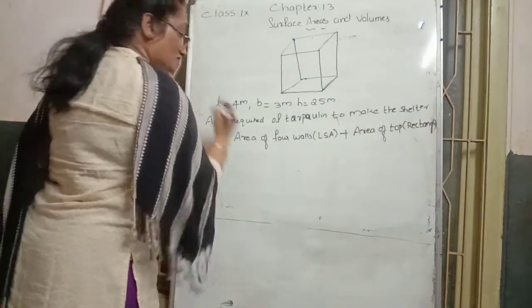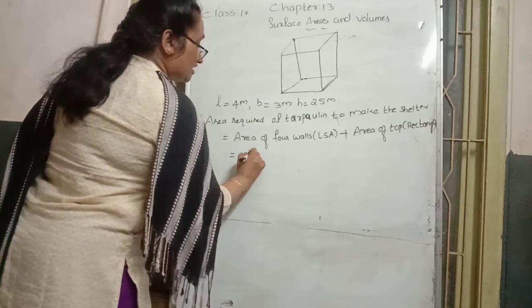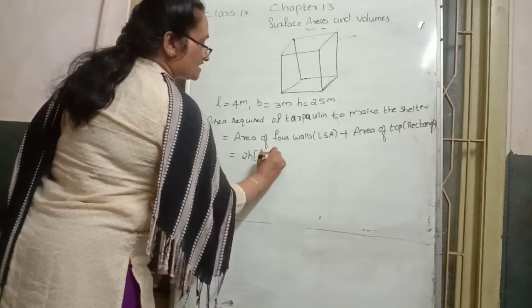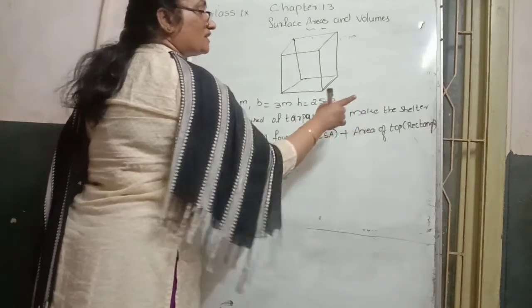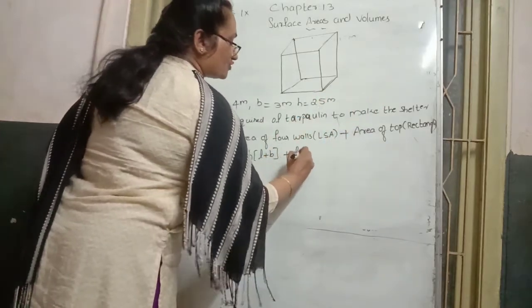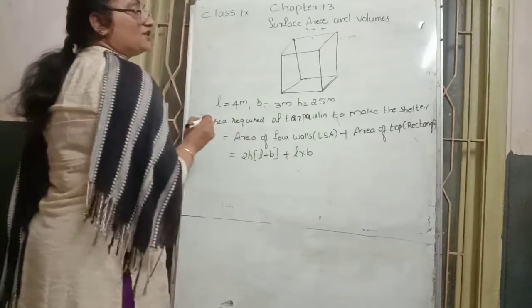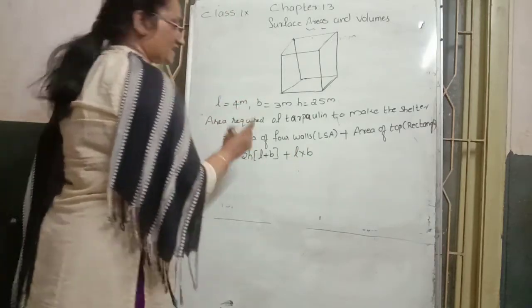The LSA of the 4 walls: what is the formula? 2h into L plus B is the formula for the LSA of a cuboid. The area of the top rectangle: length into breadth is the formula for the area of a rectangle.